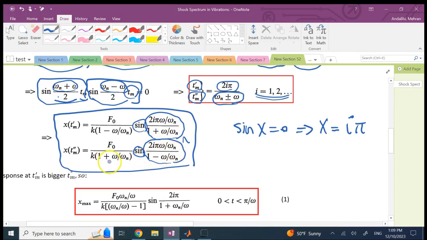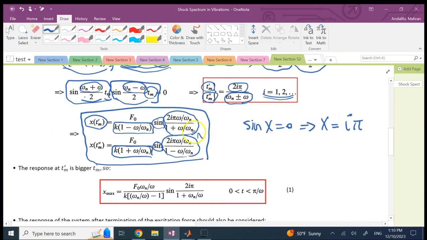But if you look at this other one, here the numerators are the same, the coefficients when you look. This has the smaller denominator compared to this one. So in general, this x at t prime is the bigger one, because although this bottom one has a bigger term, it's inside the sine function, it cannot grow too much.